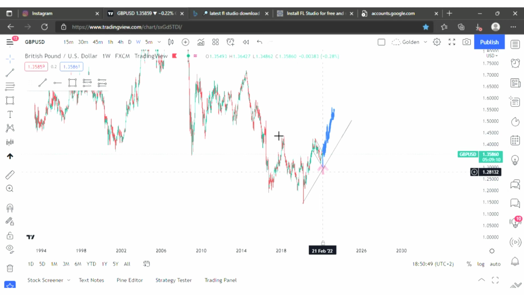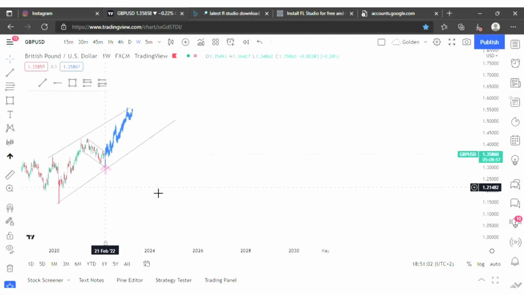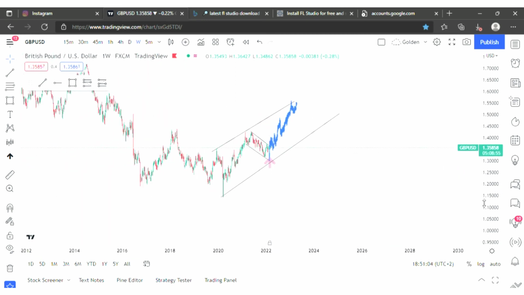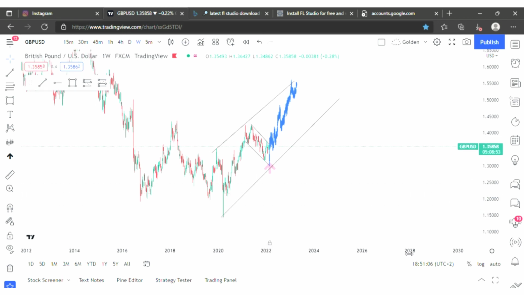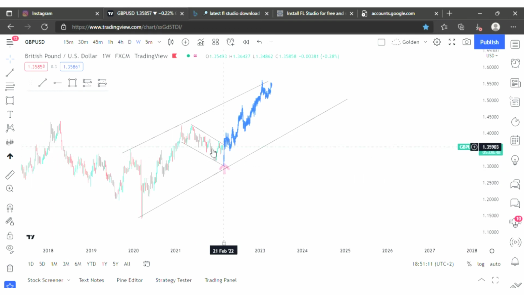The market will create this structure, the structure that I'm analyzing right now. This is the structure. Let's zoom it in. So this is what's going to happen to this market. It's going to continue moving to the upside after breaking this continuation pattern.